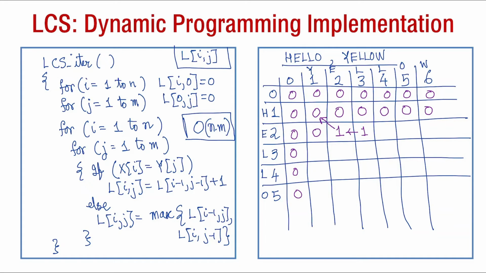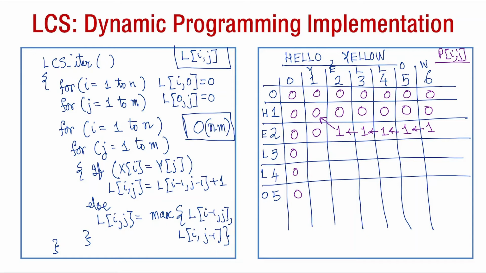Other than L[i][j], we can keep another P[i][j], which will mark from which best value this value has been derived. So we can now see that these values will all become 1, and each of these will be marked this way.